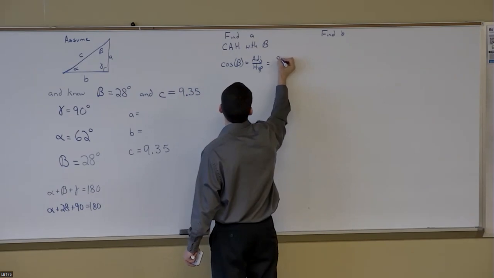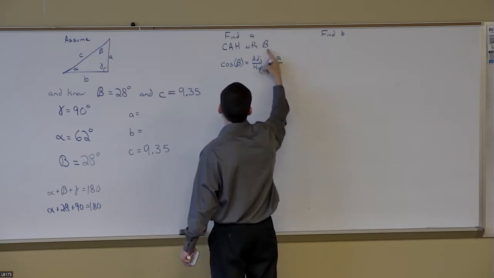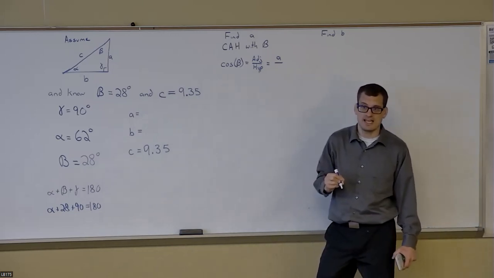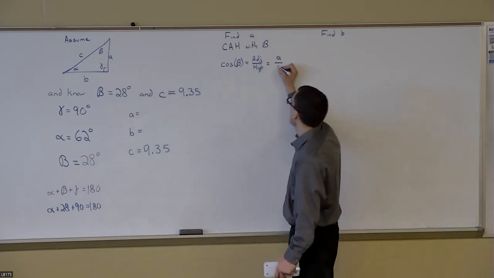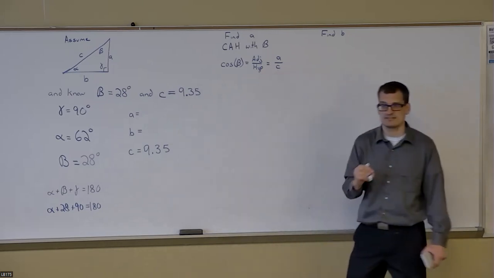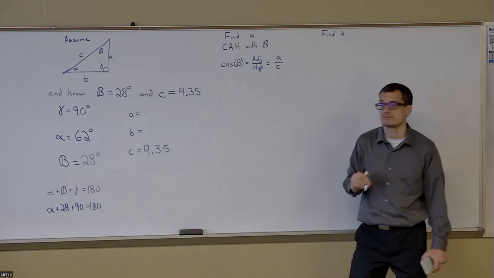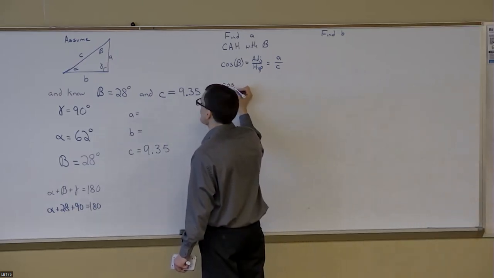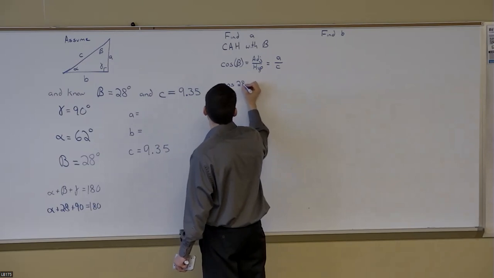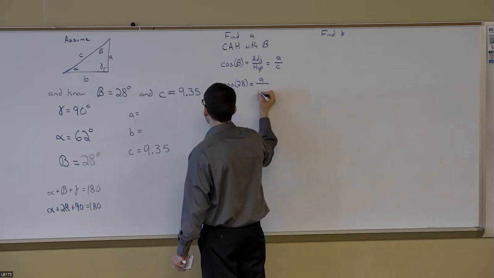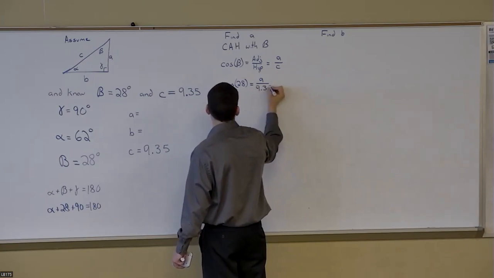And I'm using adjacent because the adjacent side to beta is side A. And you want to use the hypotenuse because I already know what C is. So I take cosine of 28 is equal to A, which I don't know, divided by C, which is 9.35.